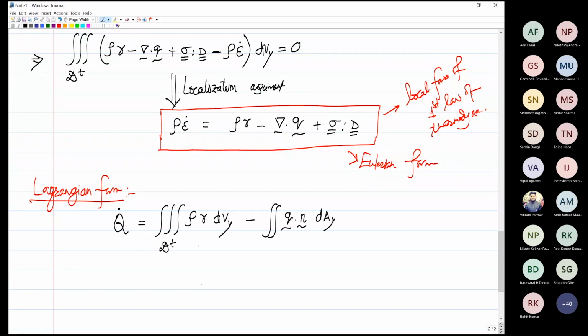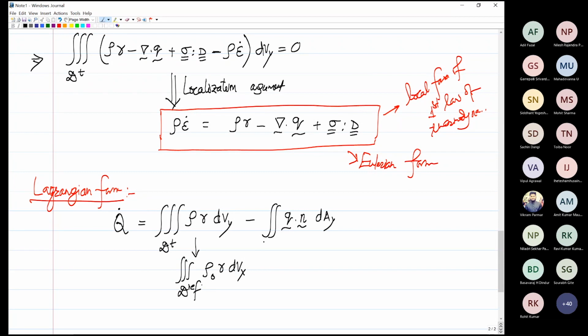The first is quite simple. You can write it as the integral over d ref, and here you get rho naught into small r dvx, isn't it? So that's very simple. For the second one, that's not easy.